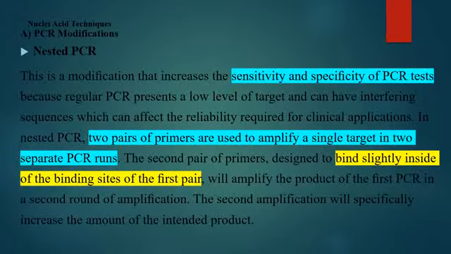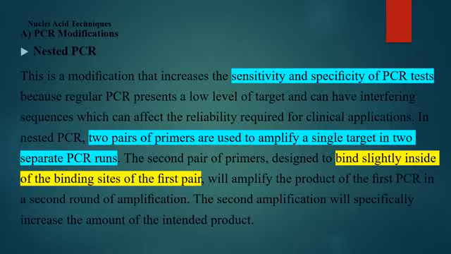So the first PCR goes, then the second pair of primers is designed to bind slightly inside of the binding sites of the first pair. So like I said, you produce a longer replicated portion, then you do a second PCR. Now this second PCR is going to work on the first thing you have replicated.